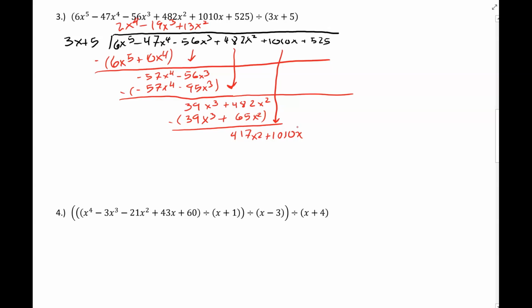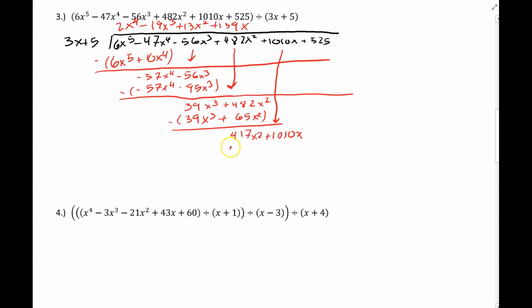And then I'll ask myself, okay, what times 3x gives me 417x squared? Well, 417 divided by 3, if I type that into my calculator, I get 139. And then what power of x do I need? Just x to the first.